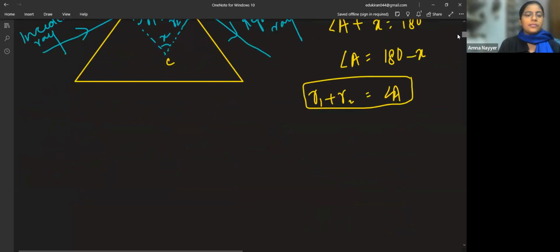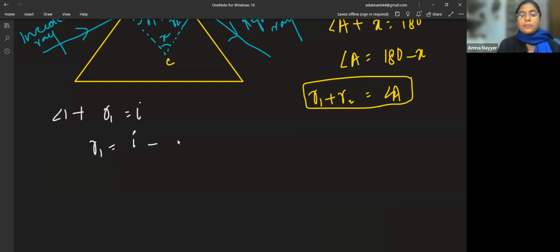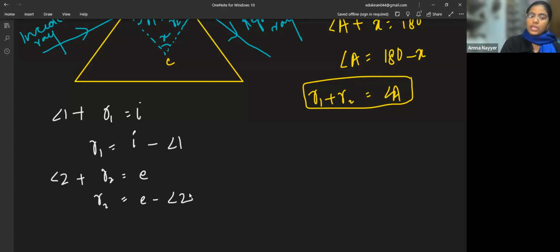I can write angle 1 plus R1 is equal to angle of incidence I. So from here, I know R1 is equal to I minus angle 1. Similarly, I can write angle 2 plus R2 is equal to E. From here, R2 is equal to E minus angle 2.